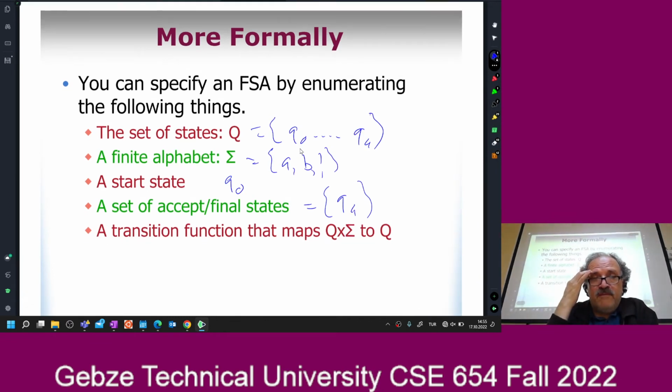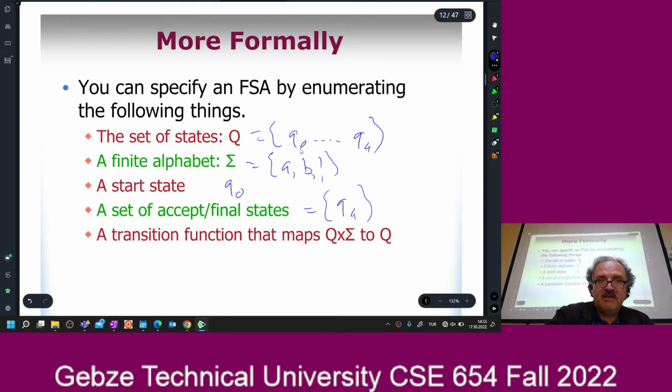So a question for you: why do I have a single start state, but for the accept states or the final states, I have a set? It says that the start state has to be a single state, but the accept final state is a set. Can anybody tell me?